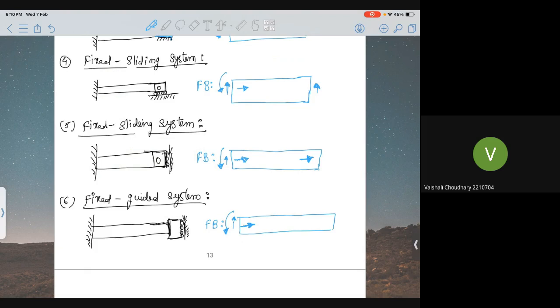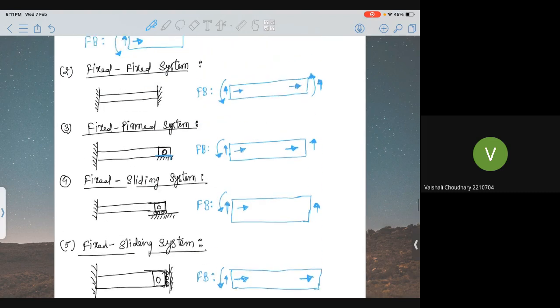And on the other hand, this system is not pinned, meaning it won't allow rotational motion, so it will experience a rotational force. Also, this wheel is placed in vertical direction, so the vertical movement can easily happen, but it will restrict horizontal motion. So we'll have a horizontal force and rotational force.